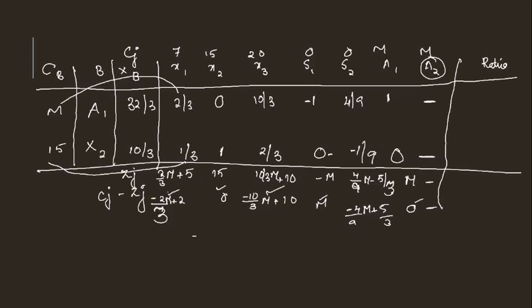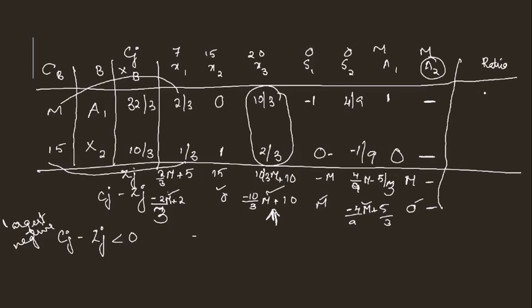In order to find out the column, you should find out the largest negative value. So the largest negative value over here is this one, right? So this is your key column.